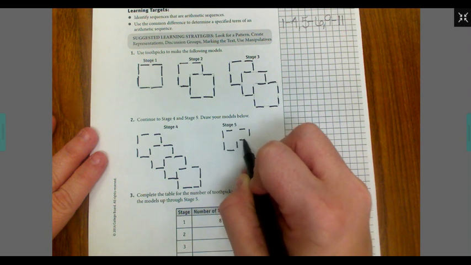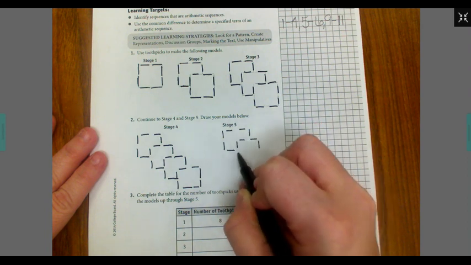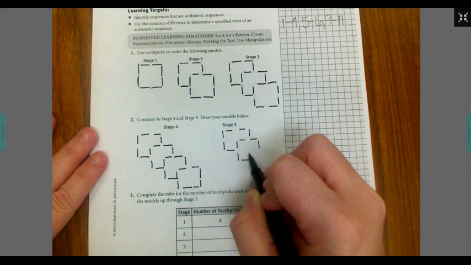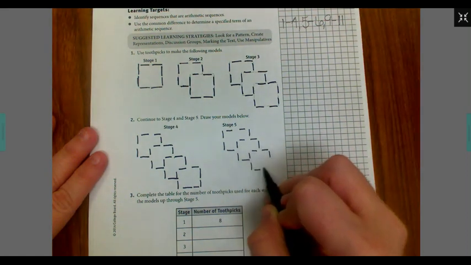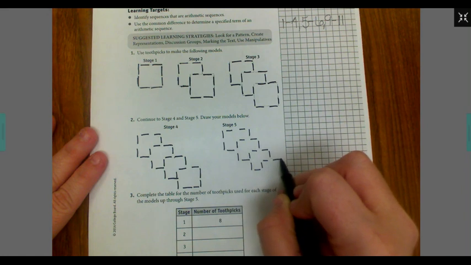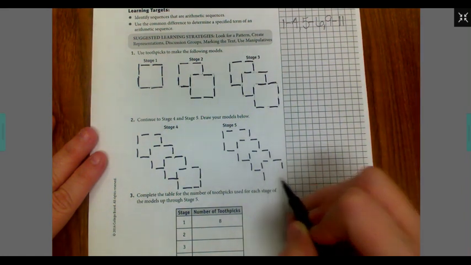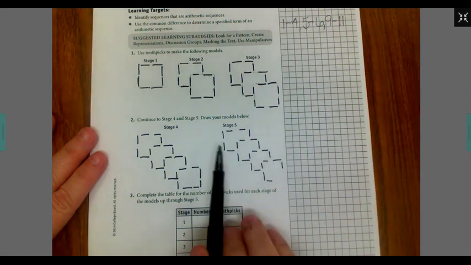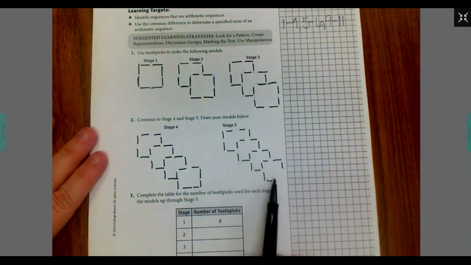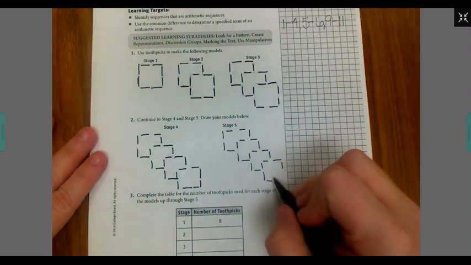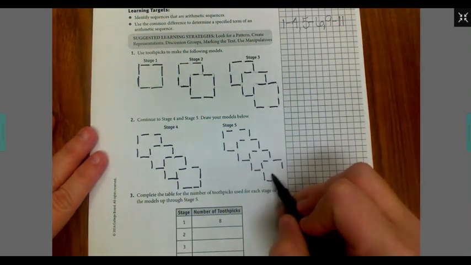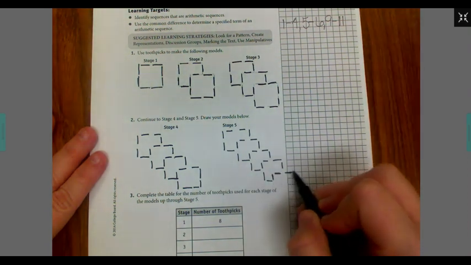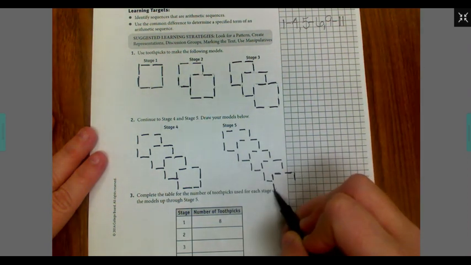This one comes in. This one comes in. This one comes in. Now this is 1, 2, 3. Now we're going to come back in again. So this one's going to kind of move here. This one's going to move here. And then we finish out this box.